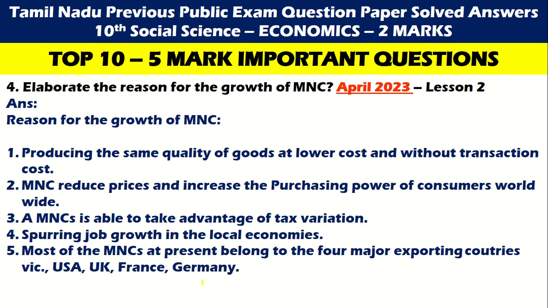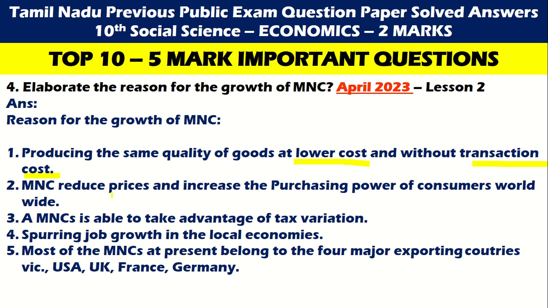Elaborate the reason for the growth of MNCs. What reasons are there? The reason for the growth of MNCs is producing the same quality of goods at lower cost and without transaction cost. That is, they produce the same quality of goods at lower cost without any transaction cost.